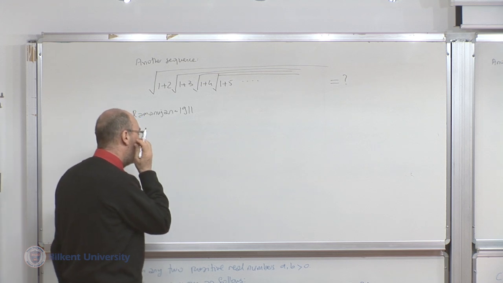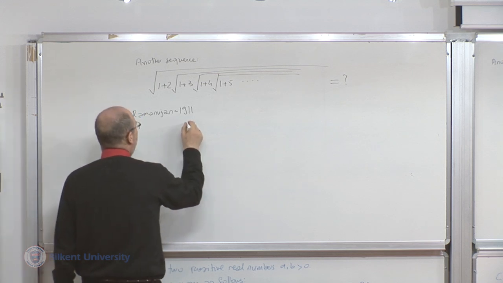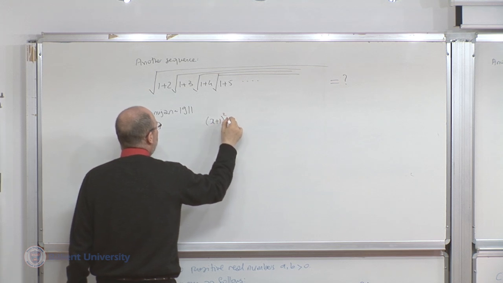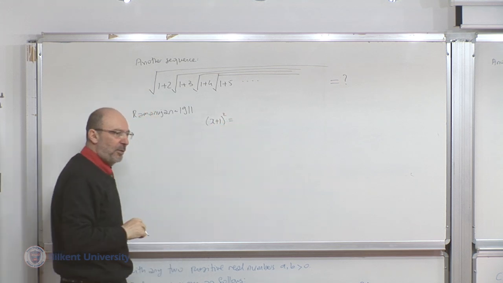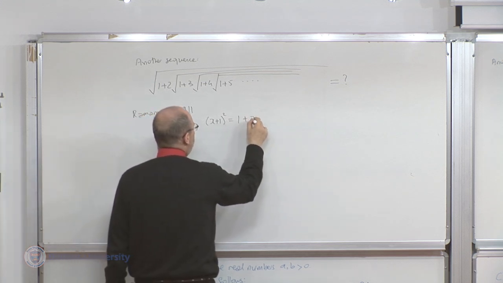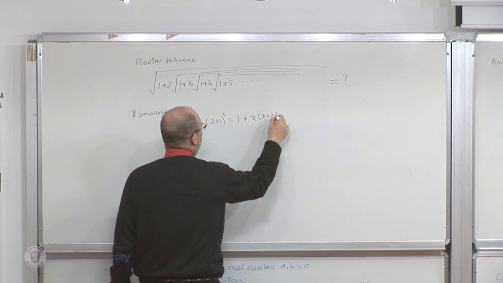All you need to know is the following. Remember that (x+1) squared is equal to x squared plus 2x plus 1. So I'll write it like this: 1 plus x times (x+2). Your x squared is here, your 2x here.